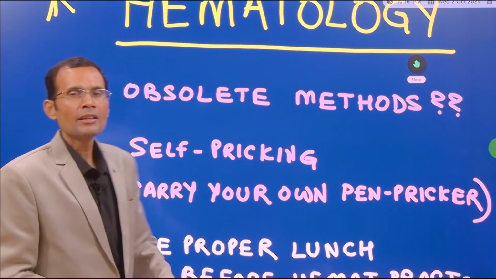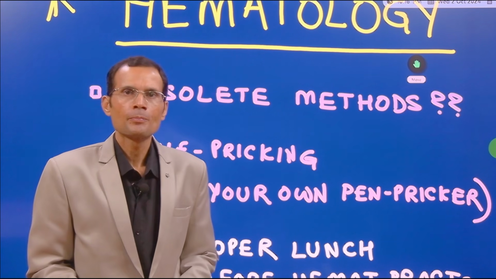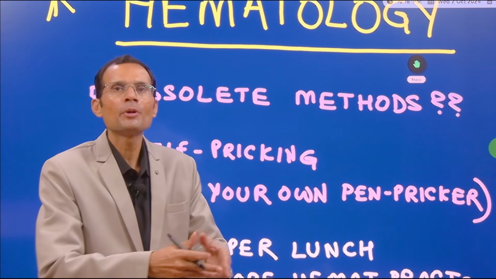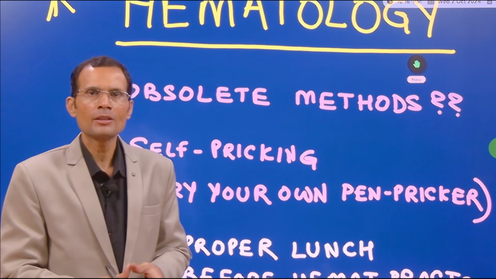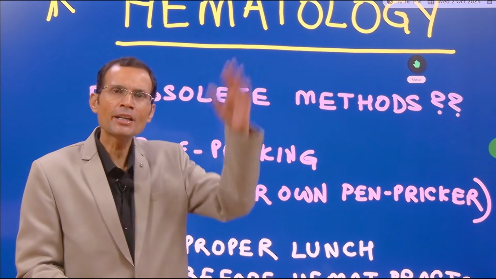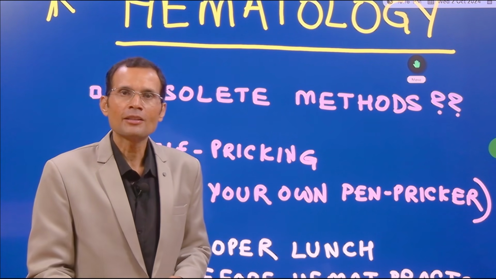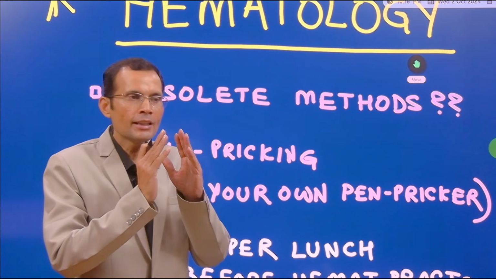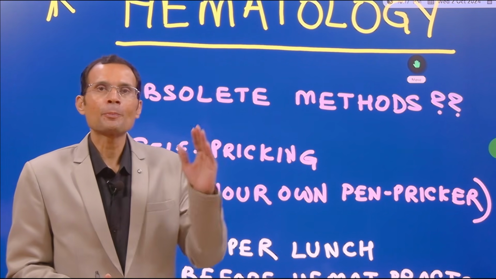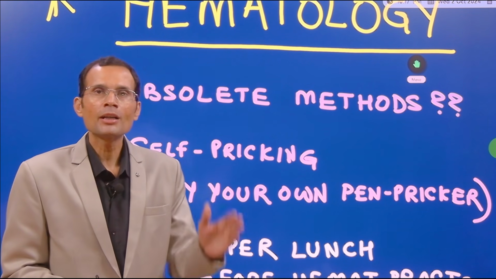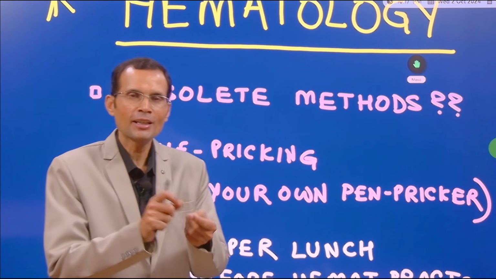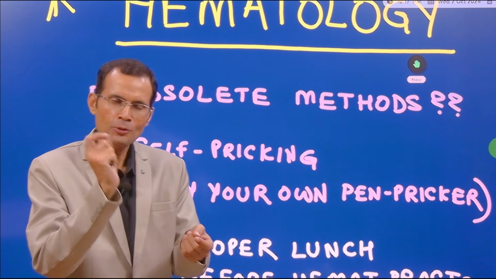Also, you will find that these methods are obsolete. For example, the hemoglobin method, RBC, WBC methods, they are very primitive types of methods. You might think so. But yes, again, you are learning some kind of principle in each practical. How to collect the blood sample, that's okay, you are collecting it on your own, performing the experiment on your own blood sample.